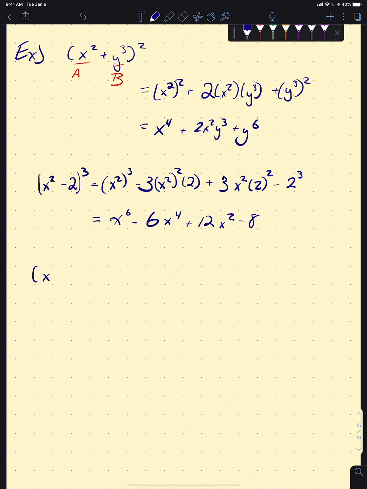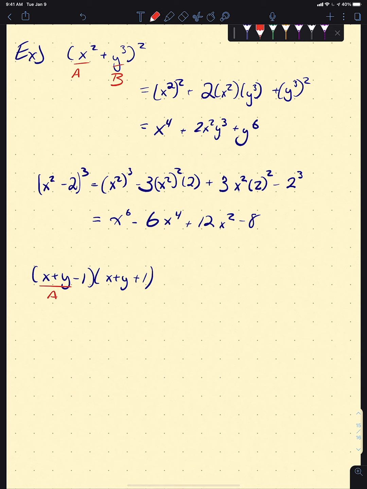One more for you on these. What's x plus y minus 1 times x plus y plus 1? Now, as we saw before, you could absolutely just use the distributive method here. It would be, in fact, rather quick, but there is a slightly faster way to do this.